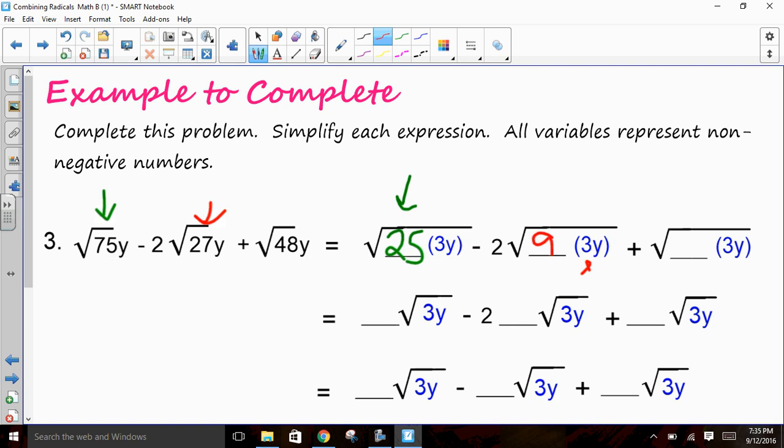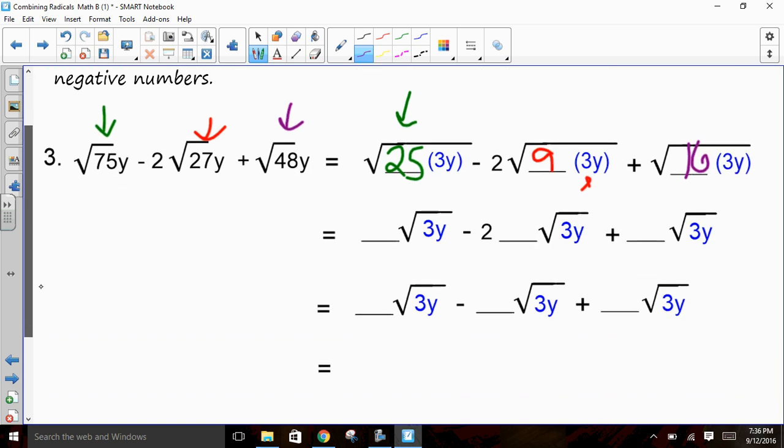Correctamundo. Should have 9. 9 is a nice perfect square root. Lastly, what times 3 gives me 48? 16. 16 again is also a perfect square.